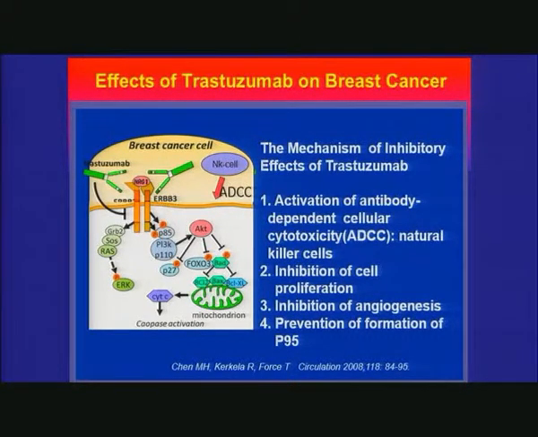So inhibition of ERB-B3 increases the pathway of apoptosis. So this drug is very effective for apoptotic death of the breast cancer. And also the inhibition of angiogenesis and the prevention of formation of P95 or P85 is also helpful to kill the cell.